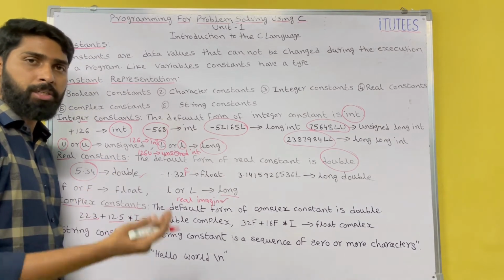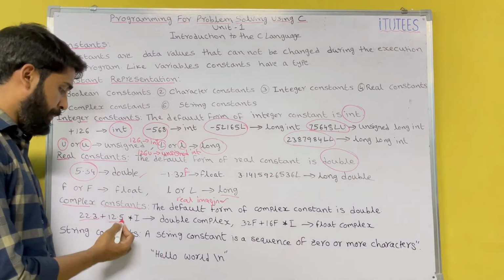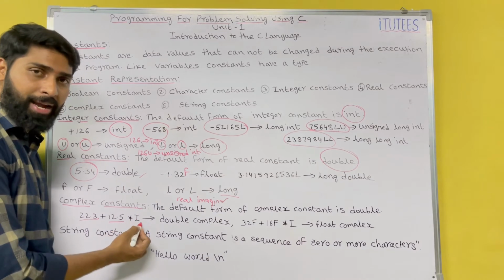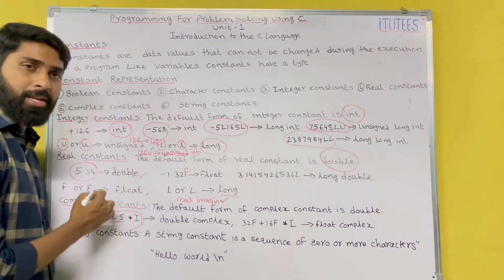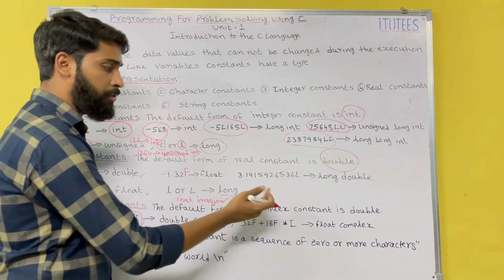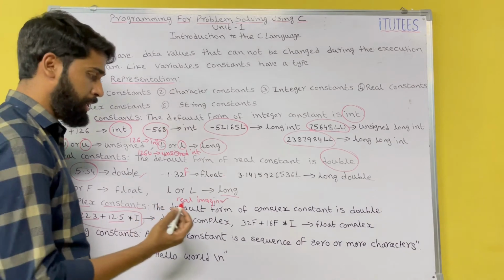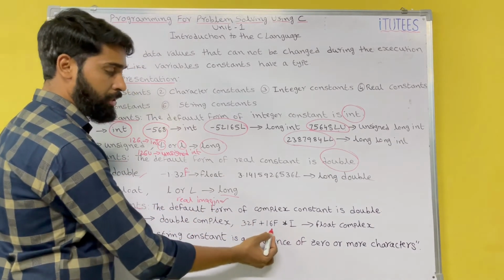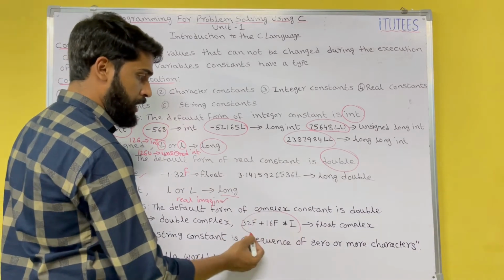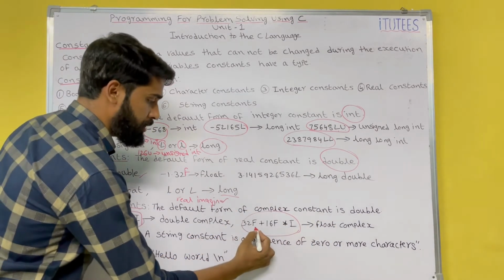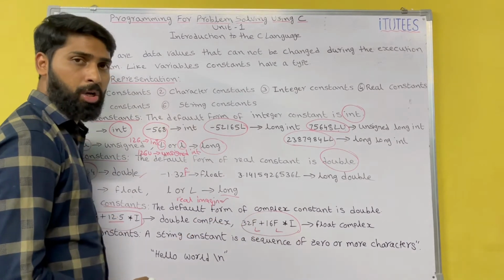How can we represent complex numbers? 22.3 plus 12.5 asterisk I. So this is the complex number. Now the default form of complex constant is double. This is the double constant. And similarly with F, what is F? F means float. So this is a float complex. If I use L here, then it is a long complex.